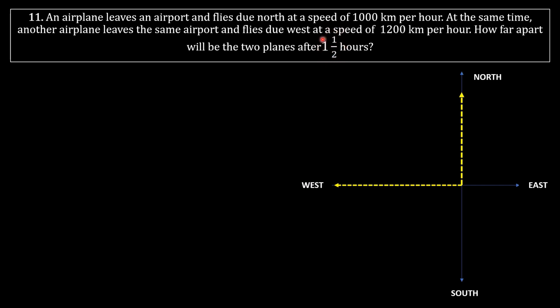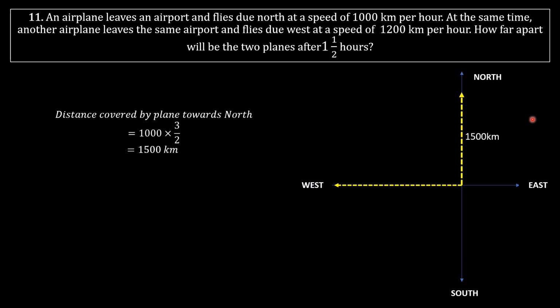When we convert this to an improper fraction, it comes out to 3 upon 2. So the distance covered by the plane towards north is 1000 into 3 upon 2, that is 1500 kilometer.